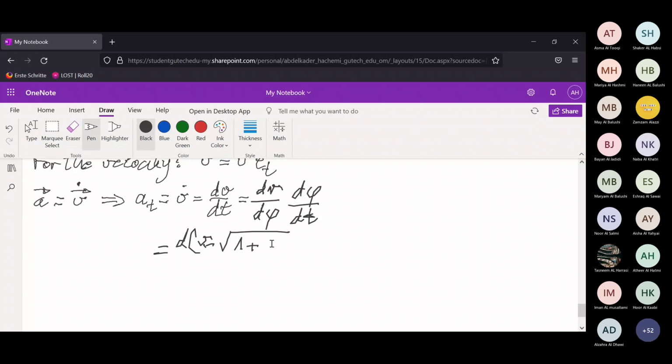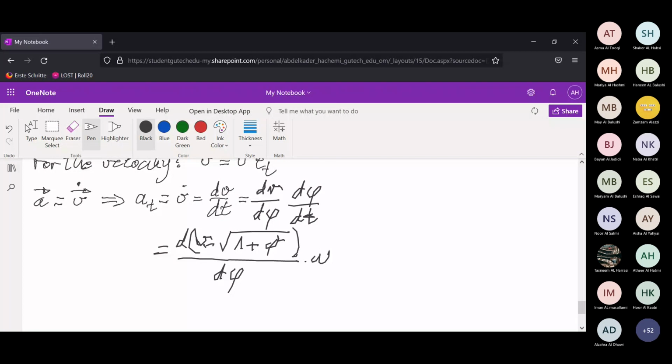This is the expression of v, the velocity, as a function of vr with phi, and this is d over dphi multiplied by omega.